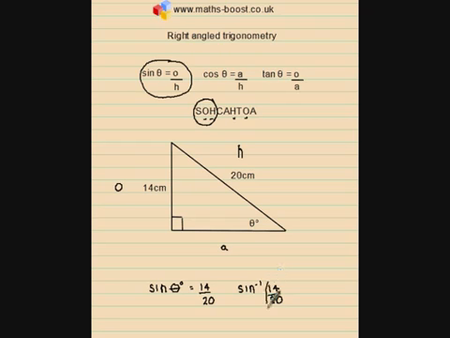This is what you'd put into your calculator. And what you'll find is you'll get, to the nearest whole number of degrees, 35 degrees.